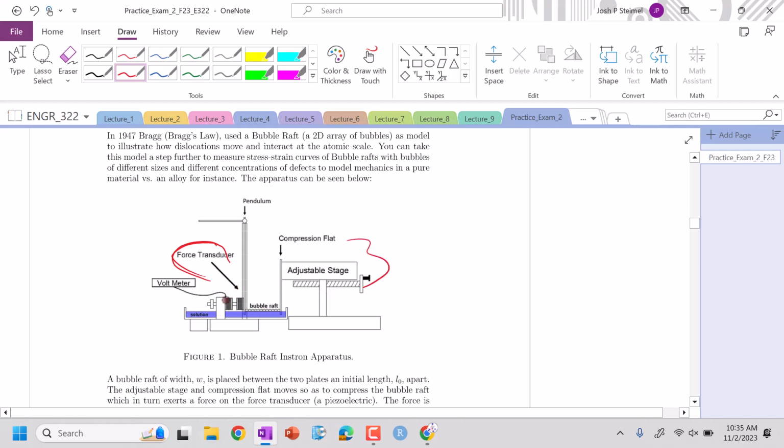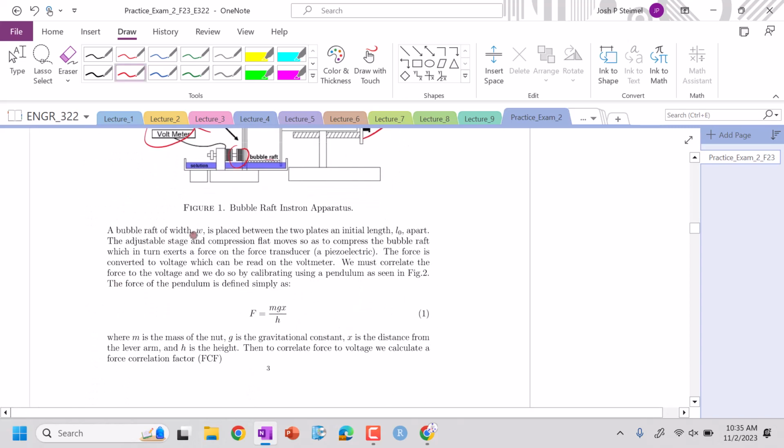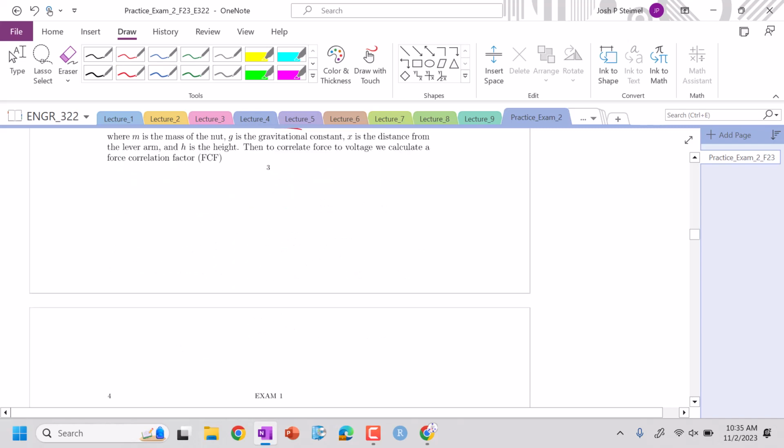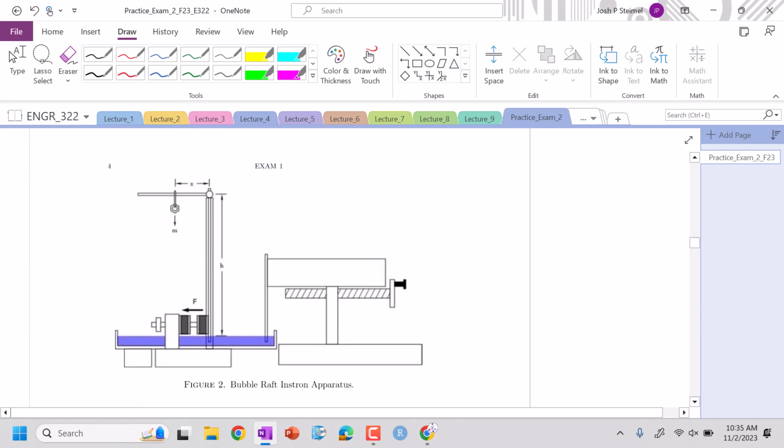There's a piezoelectric here, and as you compress and apply a force here, you read basically this output. And then there's a pendulum. We actually calibrate it with this mass. So we have this bubble raft of width W, 2 plates, initial length apart, force converter voltage. Force of the pendulum is described as such, and we use this force in order to calibrate our system.